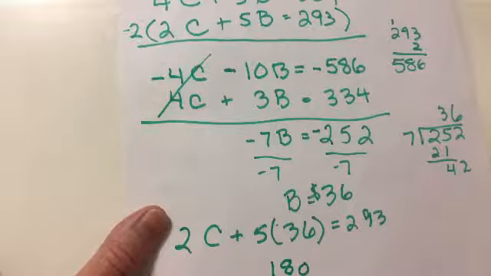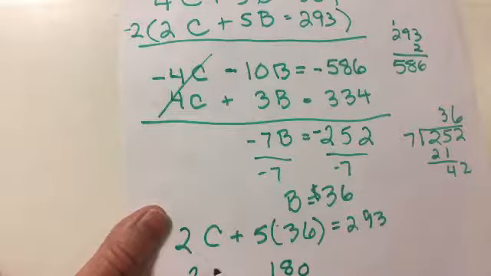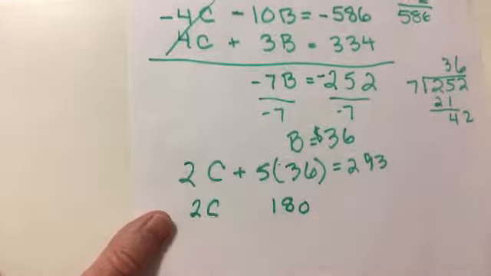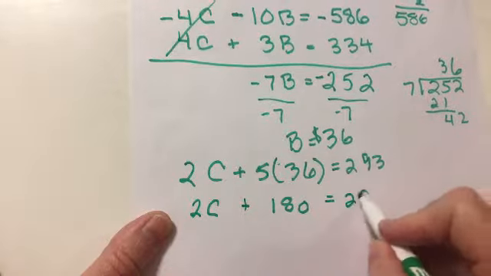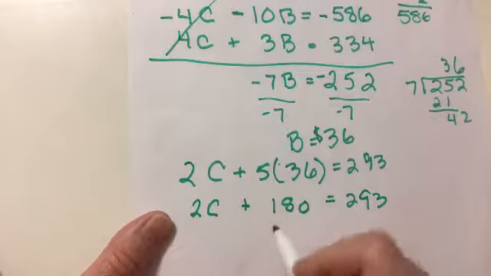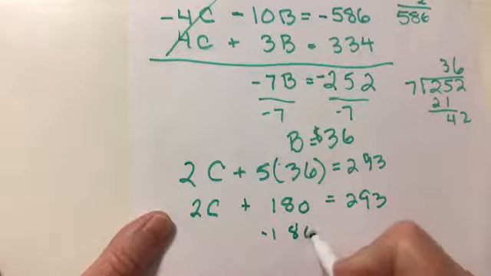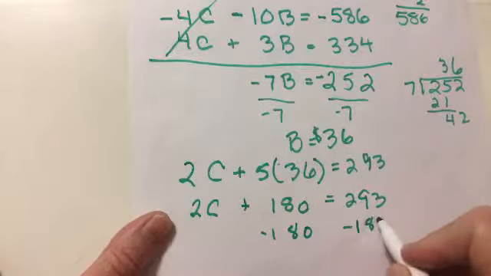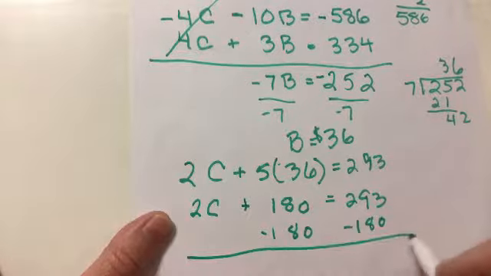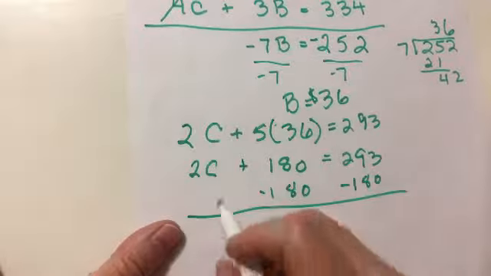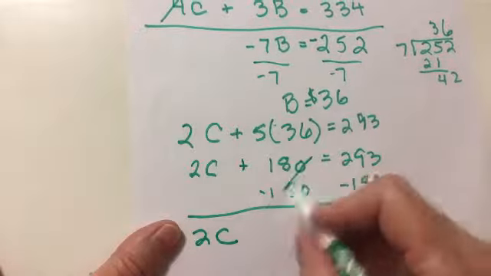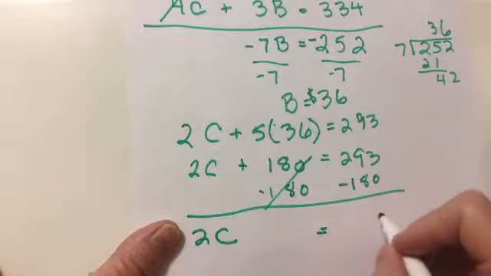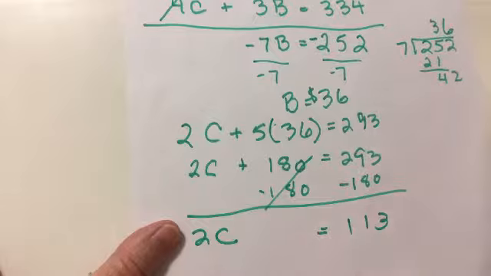When I multiply that together, I get 2c plus 180 is 293. And then I subtract the 180, and I subtract the 180, and I end up getting 2c is equal to 113.